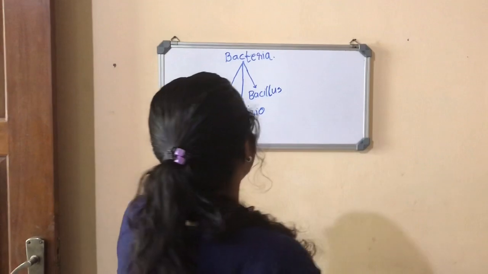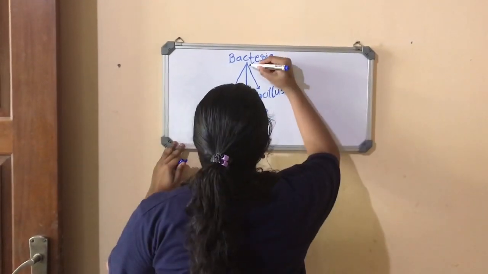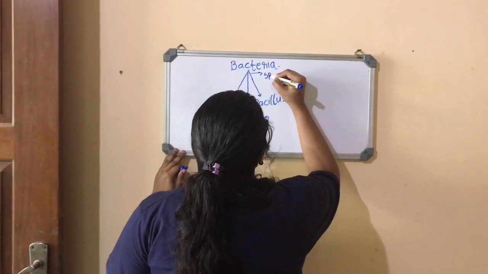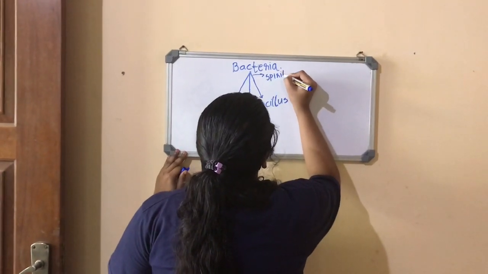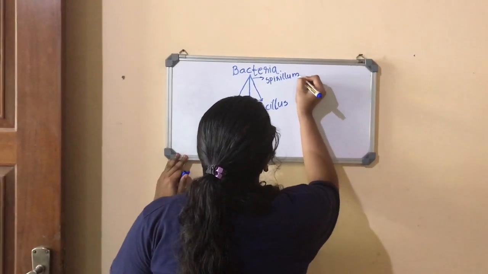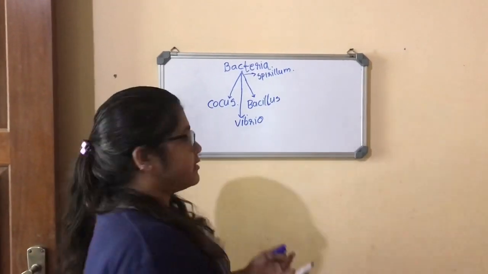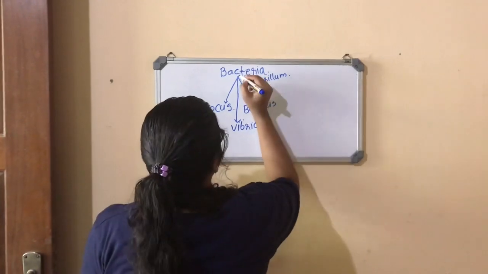Vibrio, there comes another section of the bacteria, that is the spirillum. Then comes the actinomycetes, then mycoplasma.